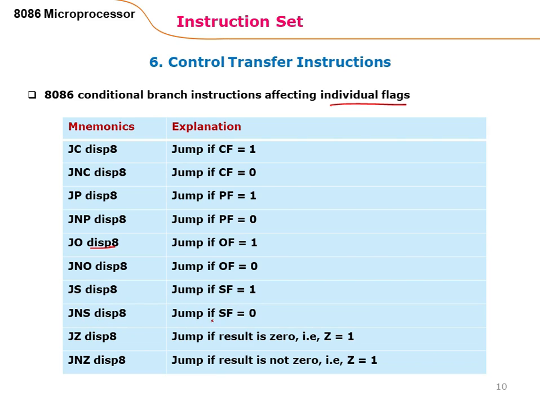JNS is jump if sign flag is not equal to 1, means it is equal to 0. JZ means jump if equal to 0. It will check the result, and JNZ is jump if the result is not equal to 0. Sorry, here we have to check. So it will be 0.